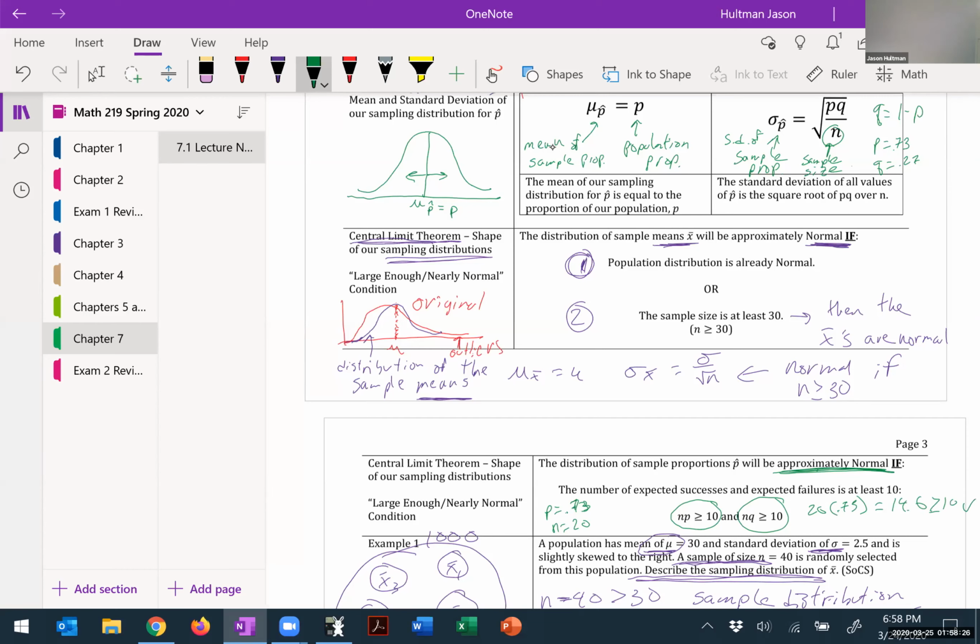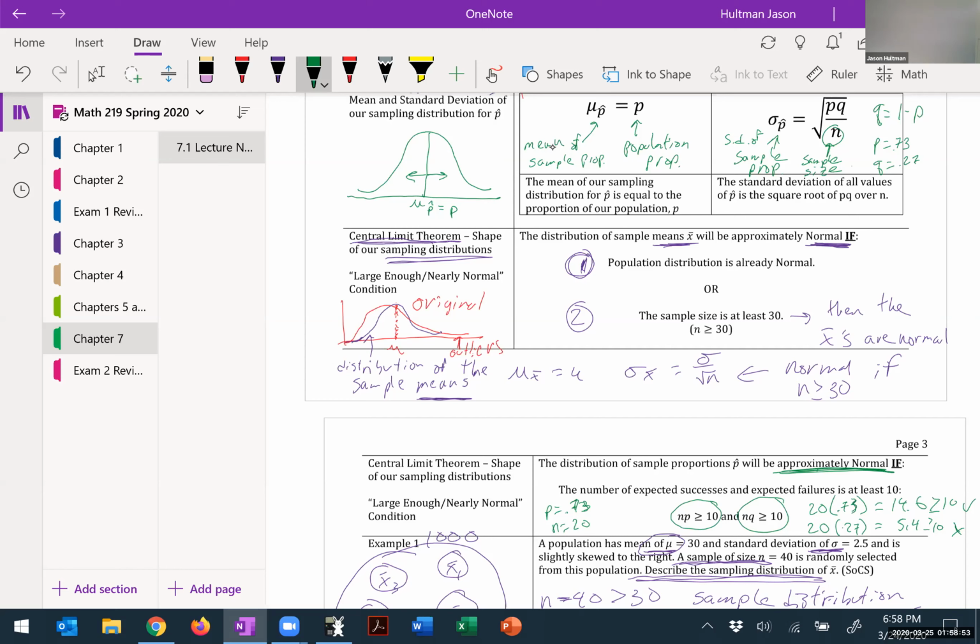Yes. What about the other one? 20 times 0.27, which is 5.4. Is that greater than or equal to 10?